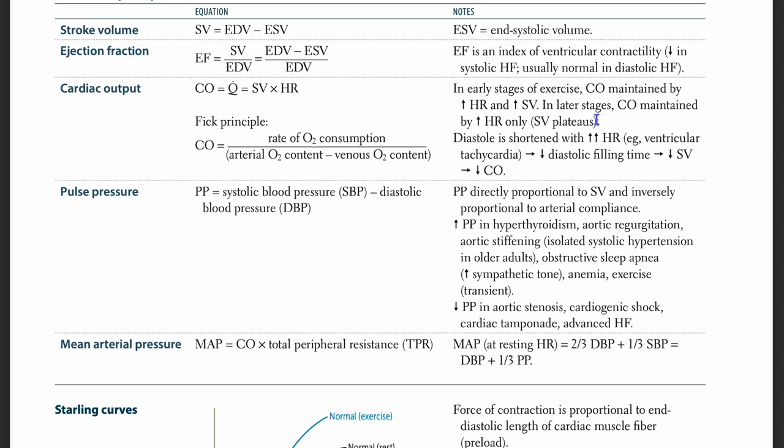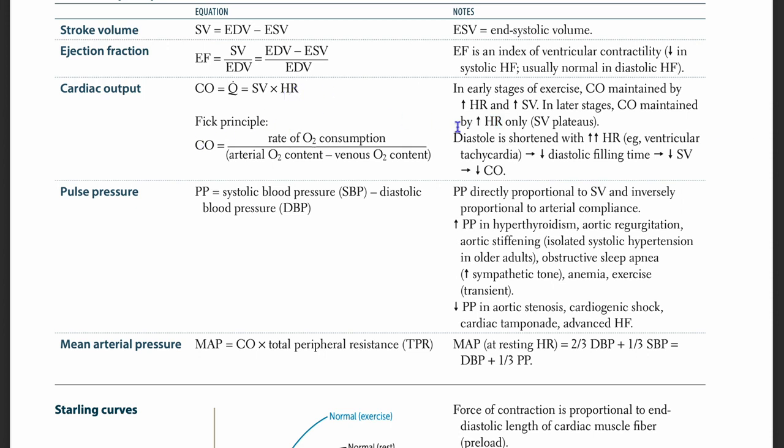Once every single cardiac muscle fibril is activated, you can't activate more because there are a limited number of cells. So stroke volume is going to plateau, but you can still increase heart rate.